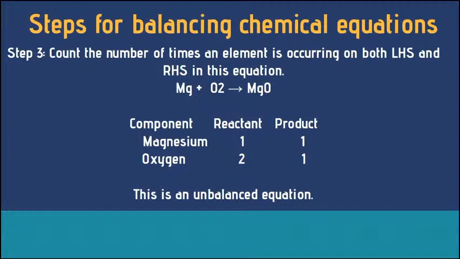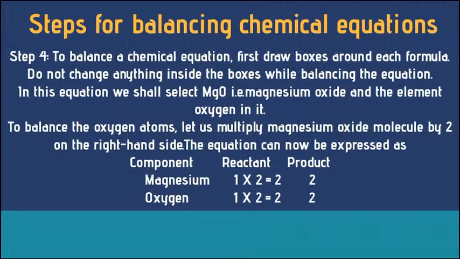So what do we do to equalize them? Let's see now, step 4. To balance a chemical equation, first draw boxes around each formula. Do not change anything inside the boxes while balancing the equation. Choose a reactant or a product that has the maximum number of atoms in it.